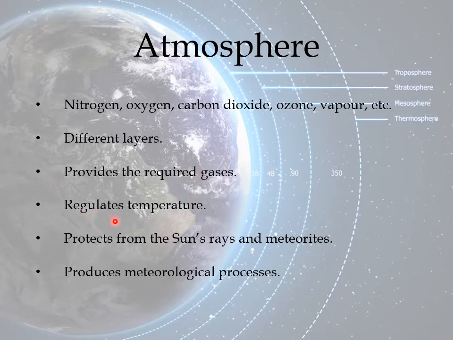It regulates temperature thanks to the greenhouse effect that we know, and protects us from the sun rays and meteorites. It doesn't just stop the solar rays, it can also stop these pieces of rock that enter from space.